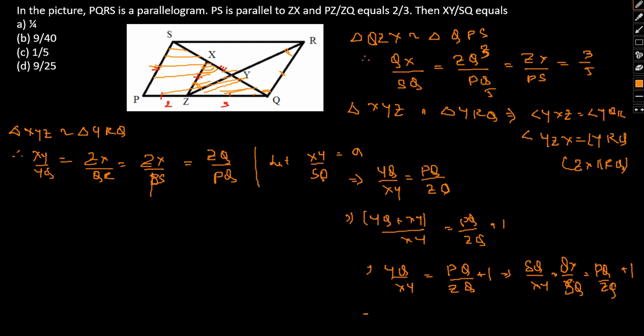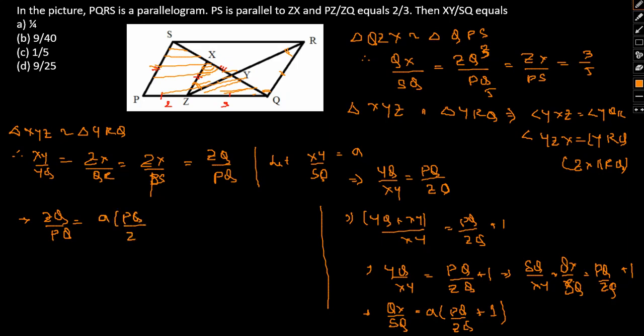We can further write this as ZQ by PQ equal to A into PQ by ZQ plus 1.